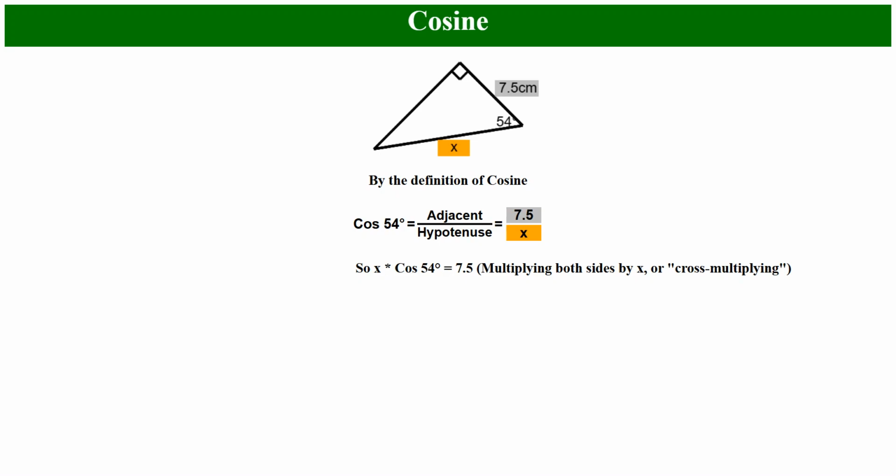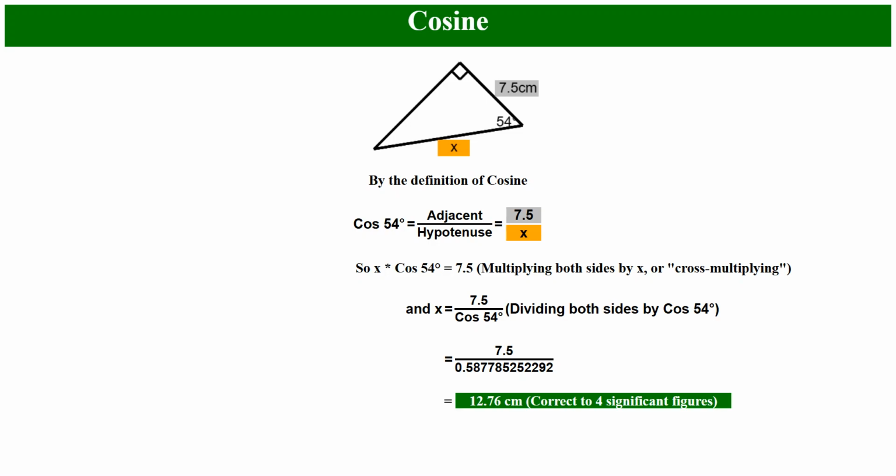Now to find the value of x, we simply divide by cos 54 degrees, and we will have x is equal to 7.5 over cos 54. And looking up cos 54 degrees on a calculator, we get this. And doing that division on a calculator, we find that x is equal to 12.76 centimeters, correct to 4 significant figures.